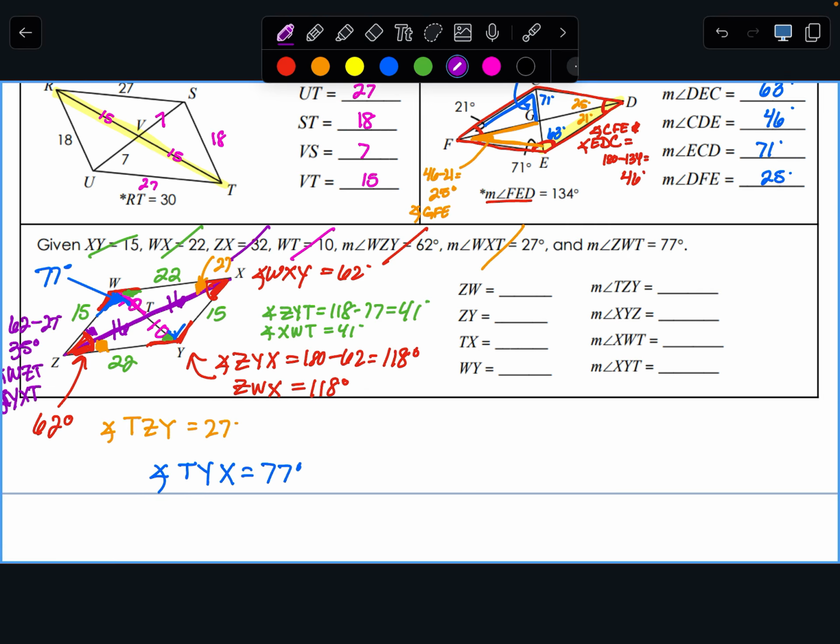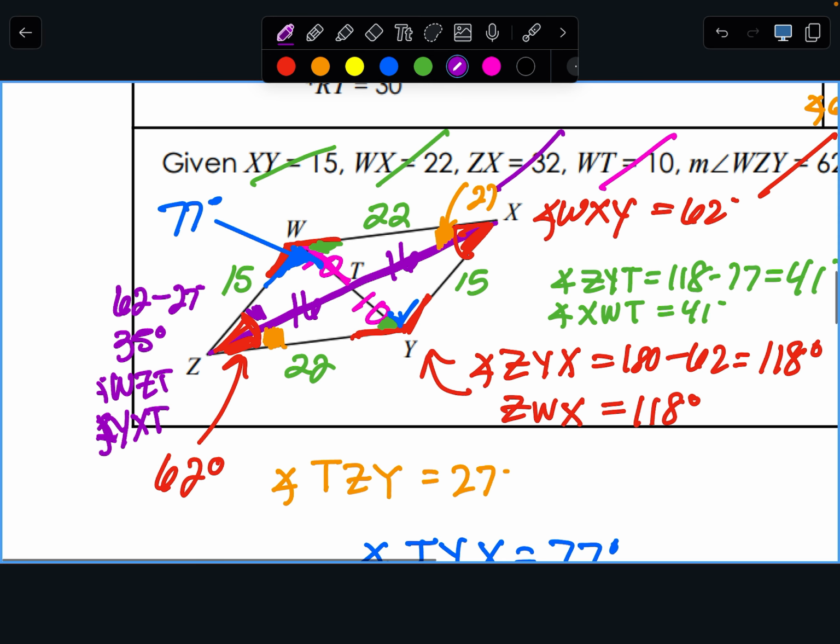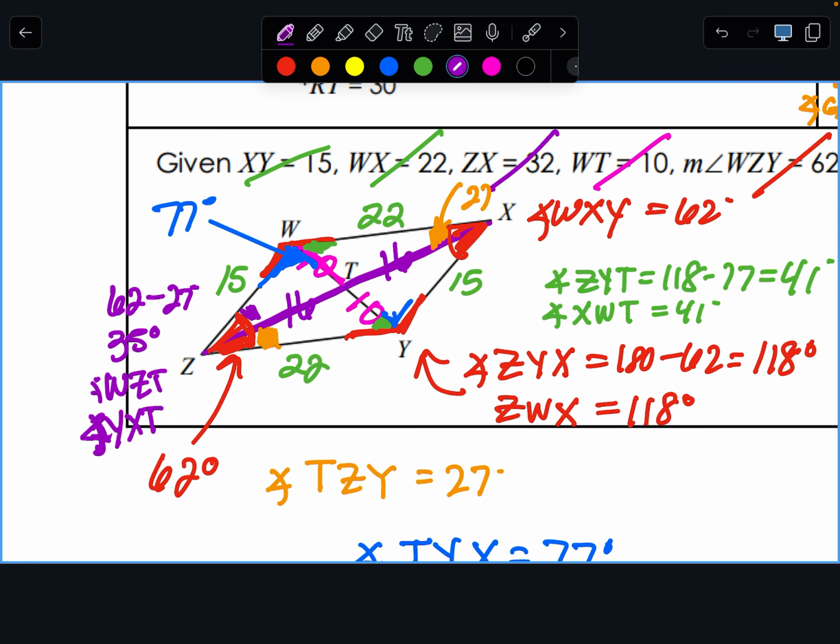So now all I've done is put it all on the picture. All we've done is identify where it is on the picture. And then I just have to go back and figure out what the labels mean to be able to identify it. So when you look at angle names, I called this angle right here YXT.